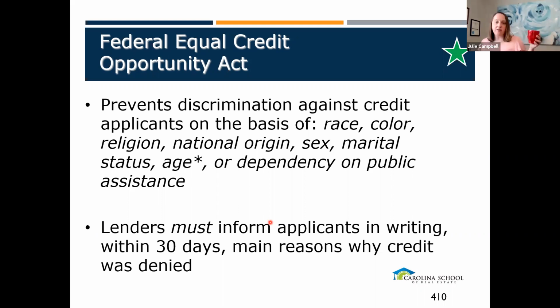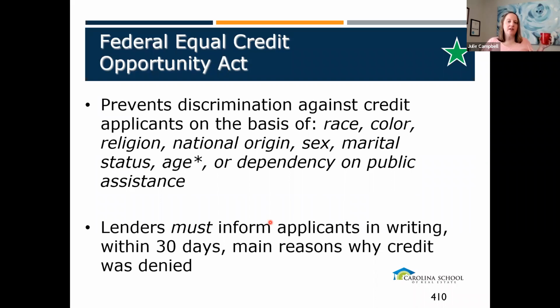But right now, just focusing on the lender's protected classes, you cannot be denied credit because of your race, color, religion, national origin, sex, marital status, age, or any dependency on public assistance.